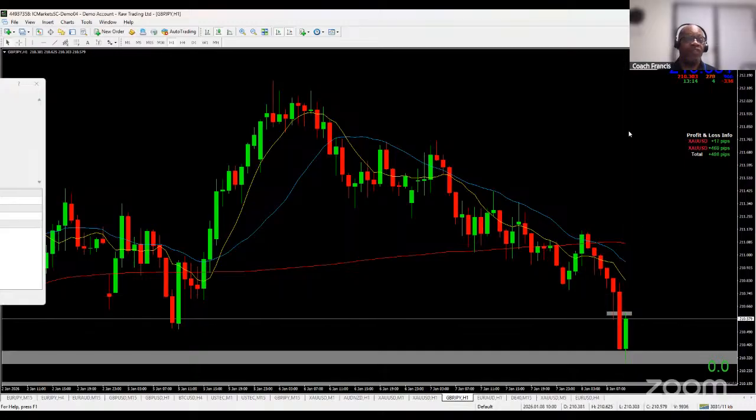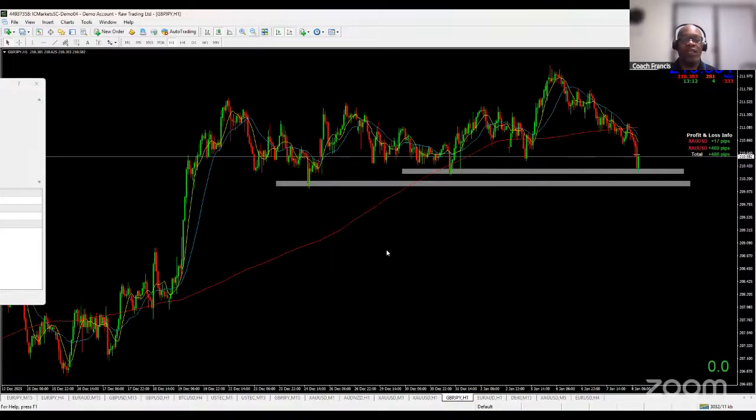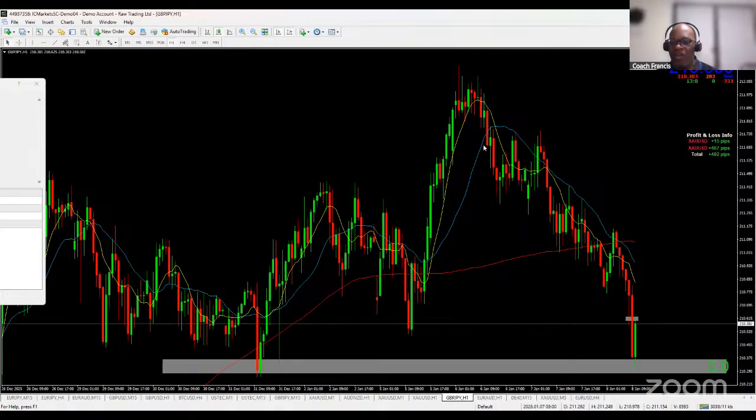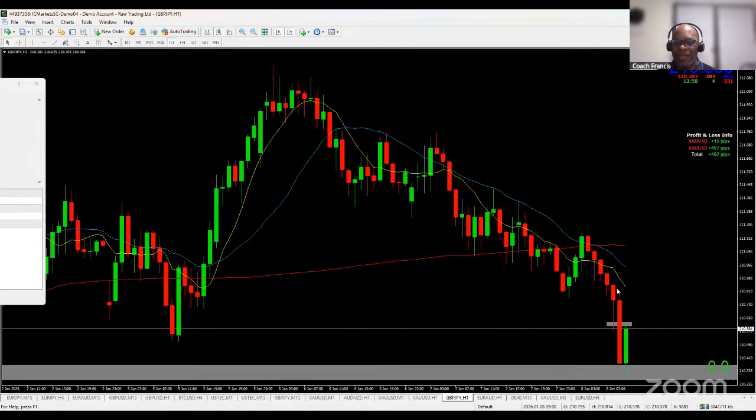This is going to reverse, after all, like we see, it is at support. We will know that it's time for it to reverse when this last bearish candle is taken out.